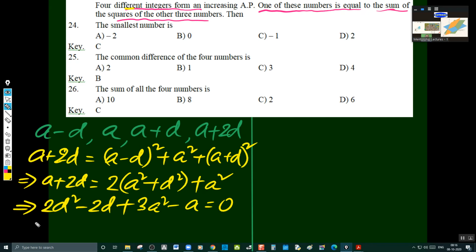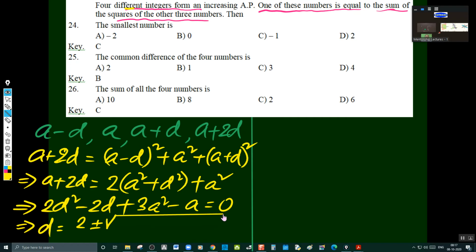So, I have to apply now the quadratic formula. What is the quadratic formula? d is equal to minus b plus or minus root over b square minus 4ac, divided by 2a. What is b square here? 4, minus 4ac, minus 4 into 2, minus 8 into 3a square minus a.